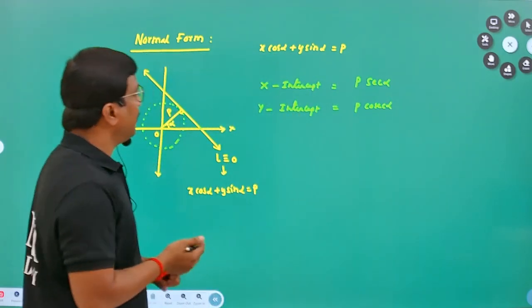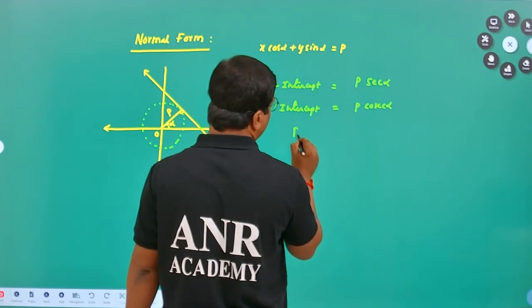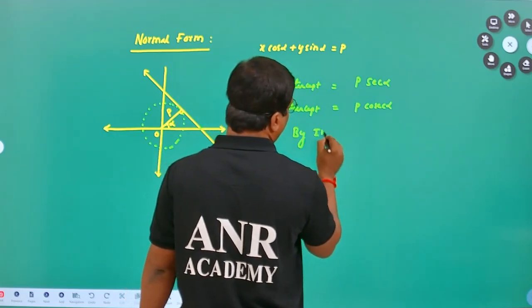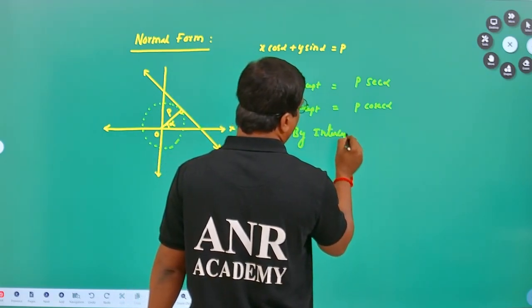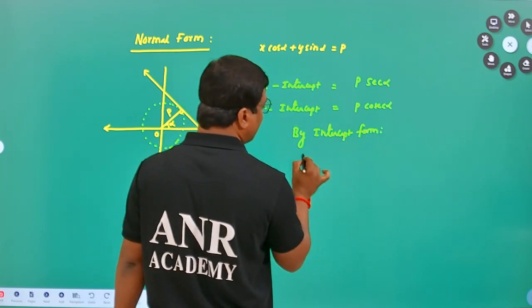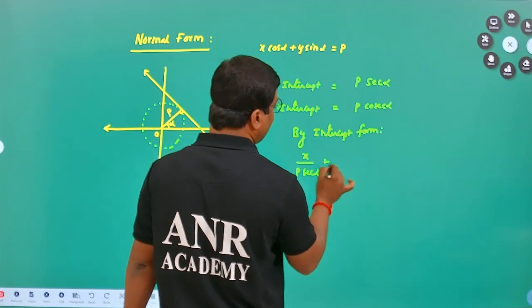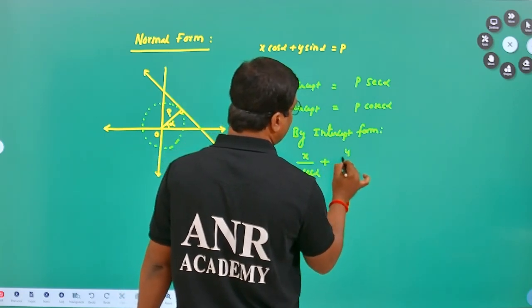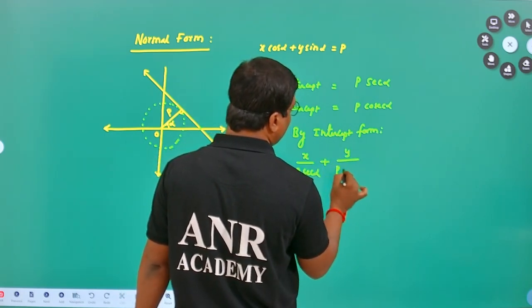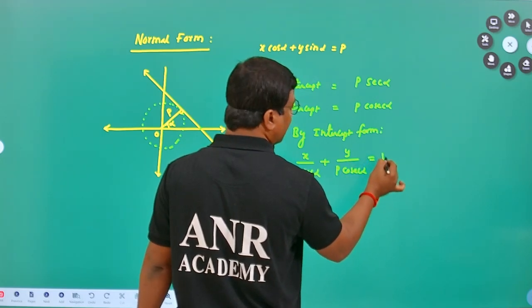Now, I am going to use intercept form. What is intercept form of straight line? x by a, nothing but x by p secant alpha. Next, y by b, that is y by p cosecant alpha equal to 1.